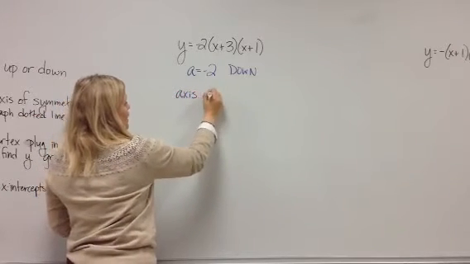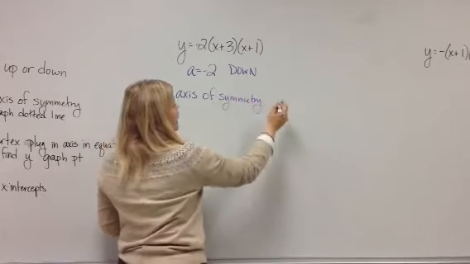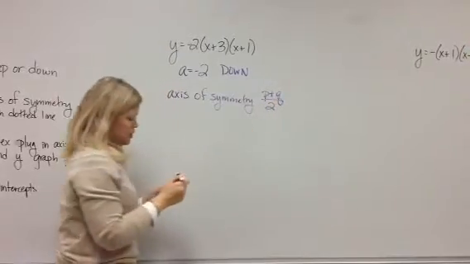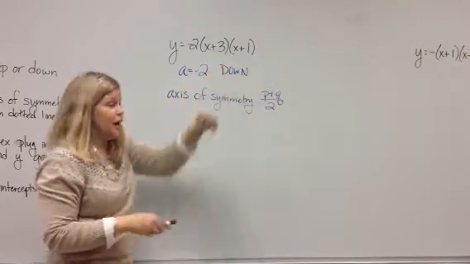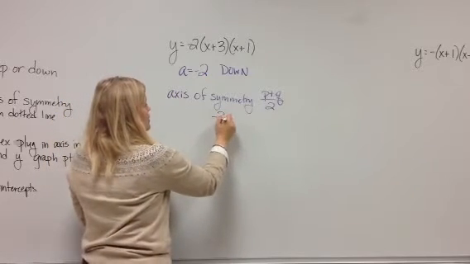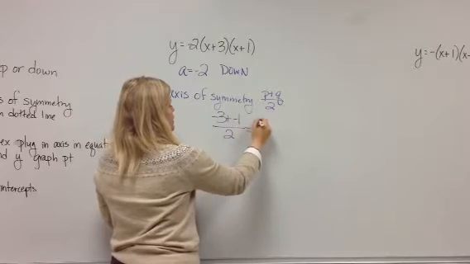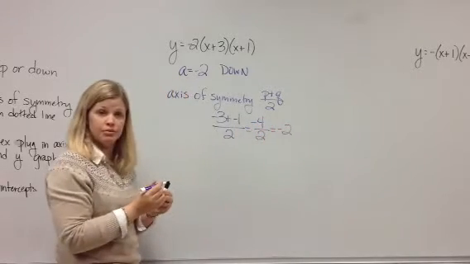Remember, the formula for axis of symmetry this time is P plus Q divided by 2. We've got P and Q, but remember, take the opposite. So it's negative 3 plus negative 1 divided by 2. That's negative 4 divided by 2, which is negative 2.